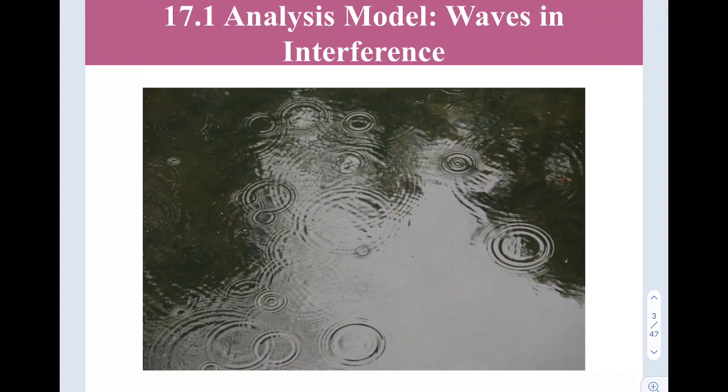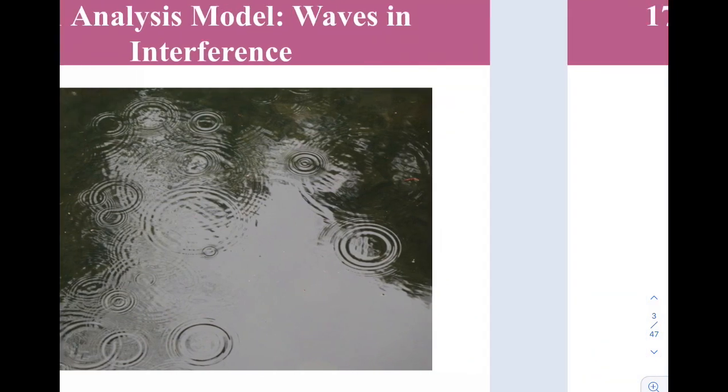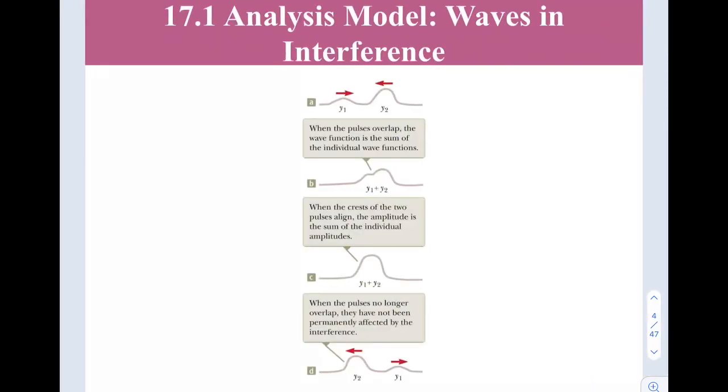Right. If we have the displacement caused by the two pulses in the same direction as in the figure, we refer to their superposition as constructive interference. Figure 17.1, this one.